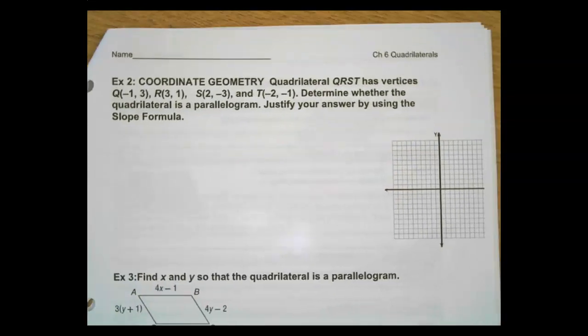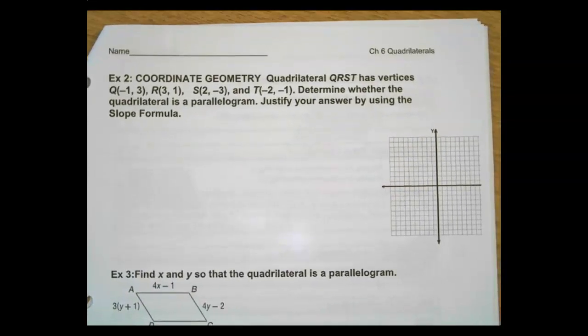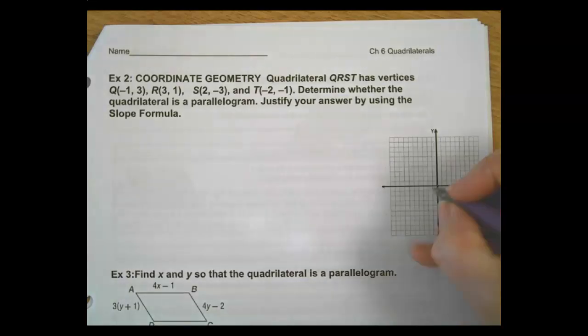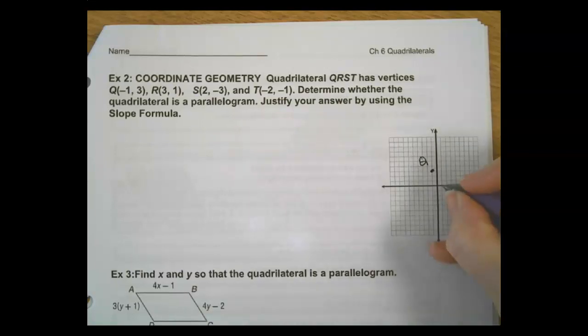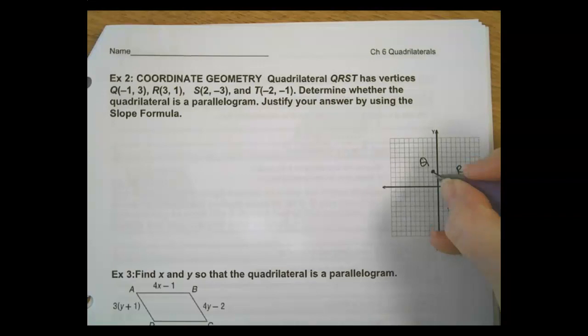You probably cringe every time you see this, but let's take a look at this. Okay, so go ahead and plot your points. And label. Again, I really should use a straight edge.